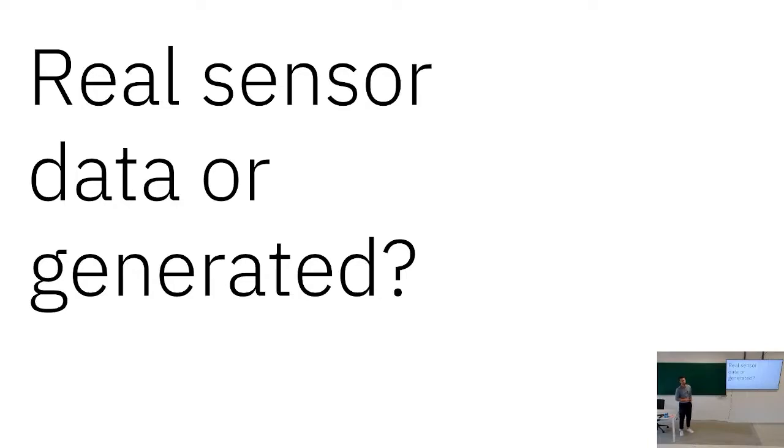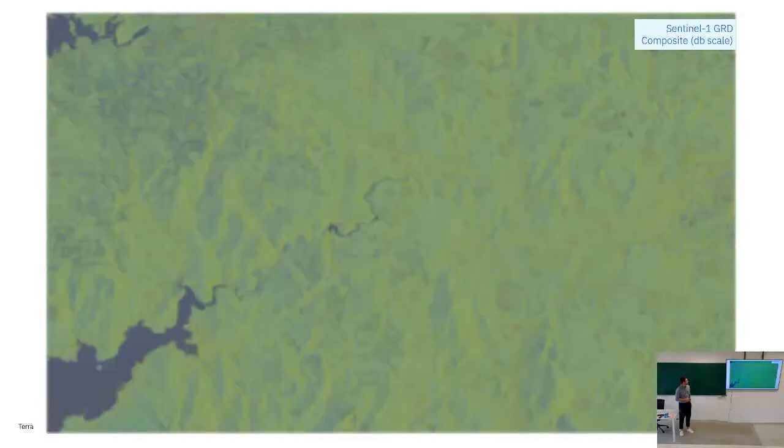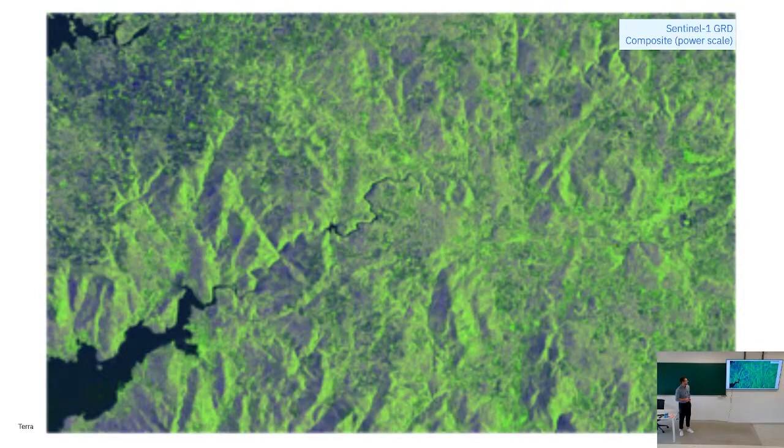So I would be interested whether you can identify them, okay? First of all, let's have a look at this image. Do you think this is an acquisition, like a satellite image, or do you think it is generated artificially?